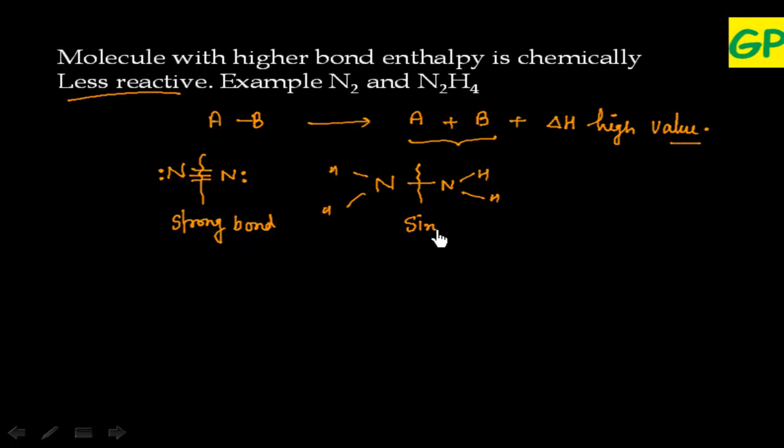In N2H4, this bond is a single bond and it is a weak bond, so it can easily break. So I can say hydrazine, that is N2H4, can easily break, but in nitrogen this bond is a stronger bond, it cannot easily break. So N2H4 is chemically more reactive.